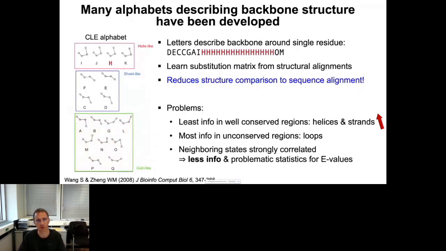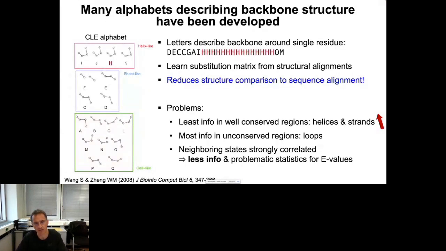So if you then have a protein, you can translate it into one of these alphabets, for example, the CLE alphabet you see on the left. And then every structure is just a sequence, and then you can learn the substitution matrix between these structural states from structural alignments in the same way that you learn BLOSUM62 from sequence alignments. And this then effectively reduces structural comparison to sequence comparison, which obviously makes it very fast.